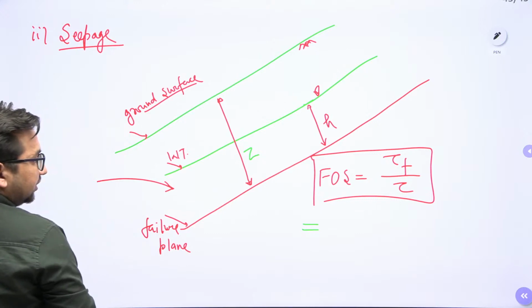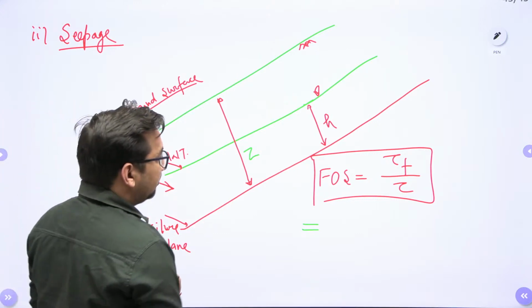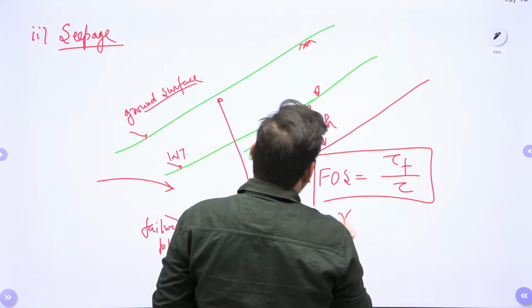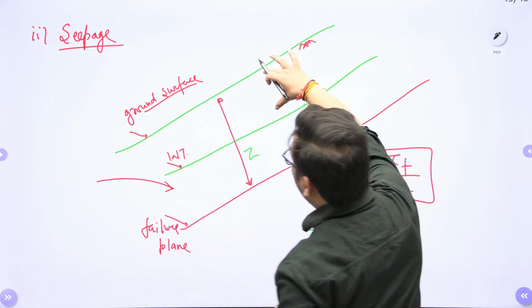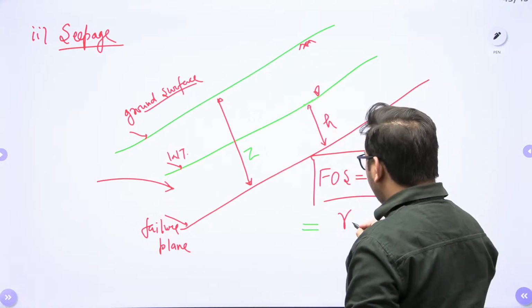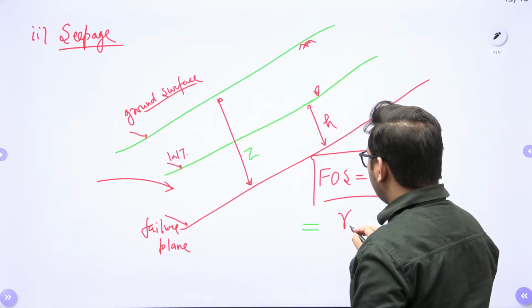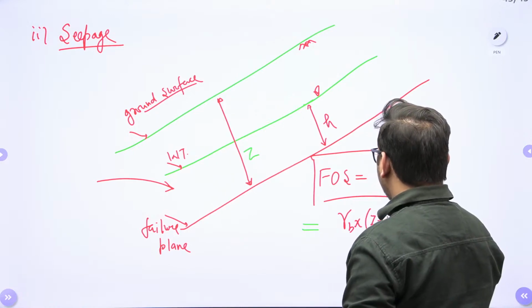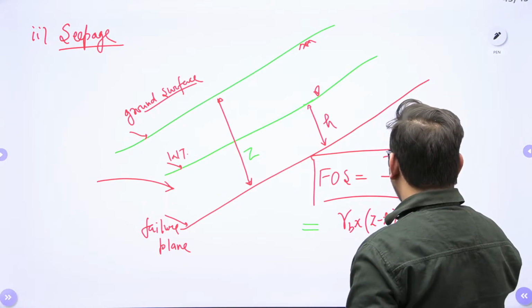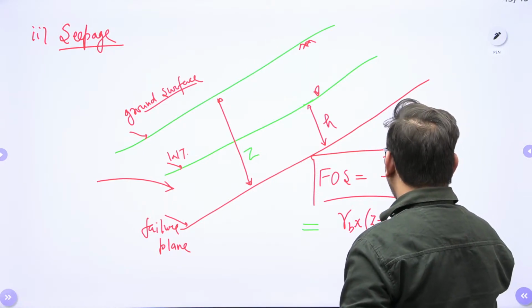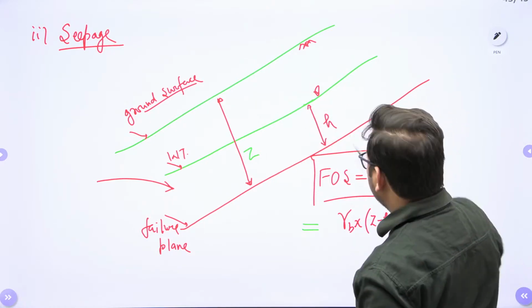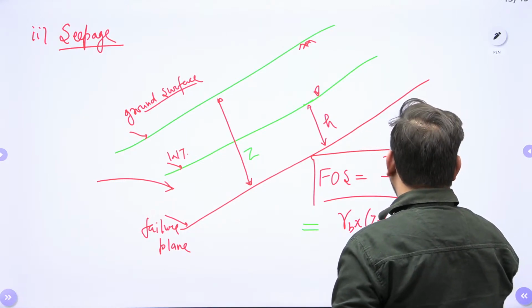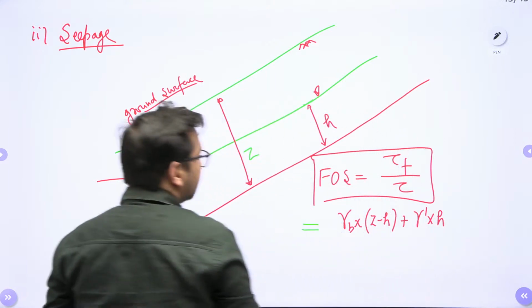the shear strength. If I calculate the shear strength, what will be the formula? Let's suppose this soil has gamma bulk, so it will be gamma bulk into z minus h, plus this soil weight, that is gamma submerged into h.